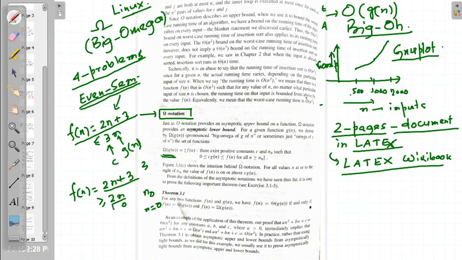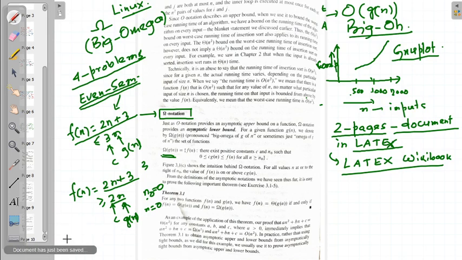Here this is our c, and n naught here will be equal to 0. So that is the definition: if f(n) is greater than or equal to some c times g(n), then we call f(n) equal to omega of g(n).